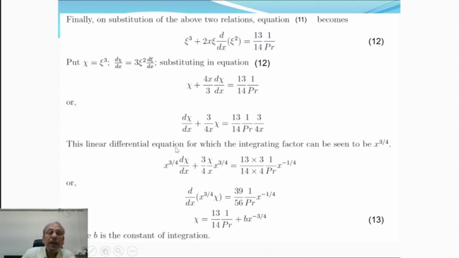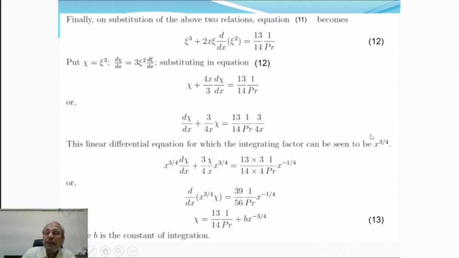This is a linear differential equation, which we can solve if we know the integrating factor, and we can very clearly see that the integrating factor will be x^(3/4).